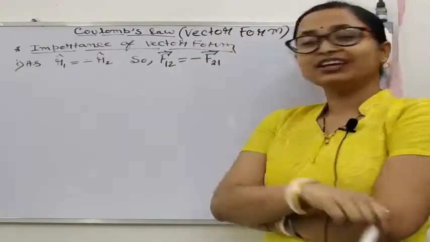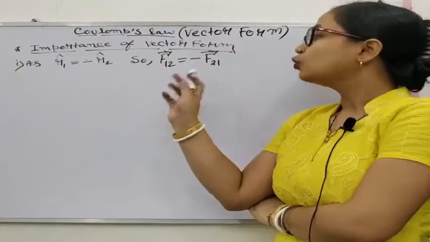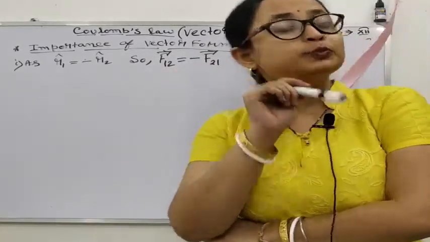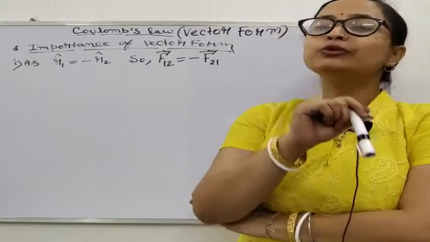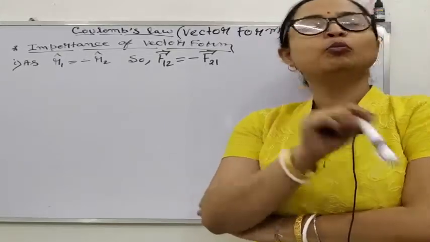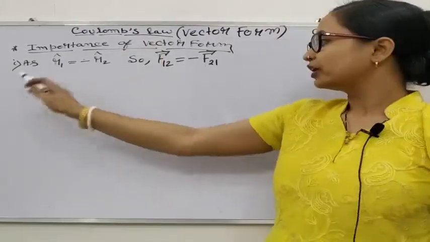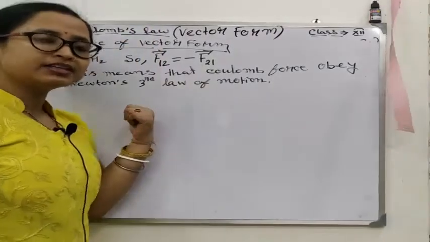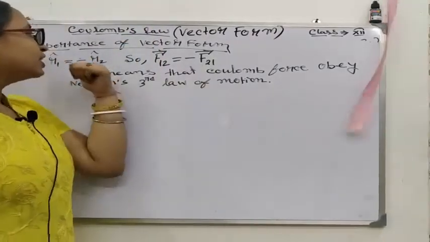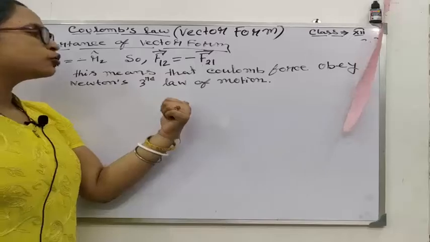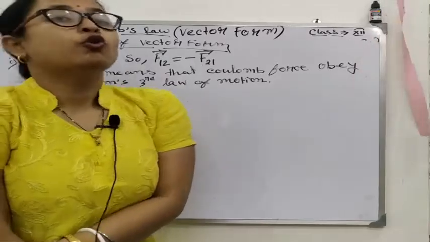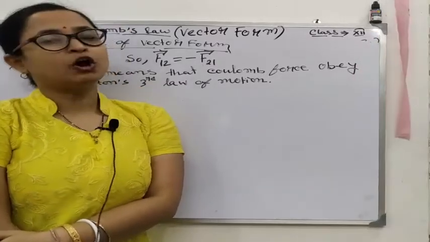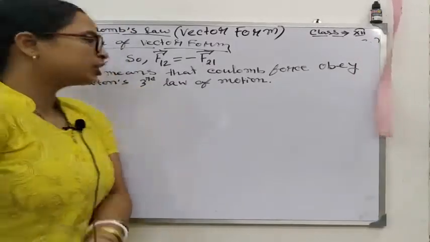So from the vector form we can see that Coulomb's force also obeys Newton's third law of motion. Clear? From this explanation we can see that the Coulomb force also obeys Newton's third law of motion.